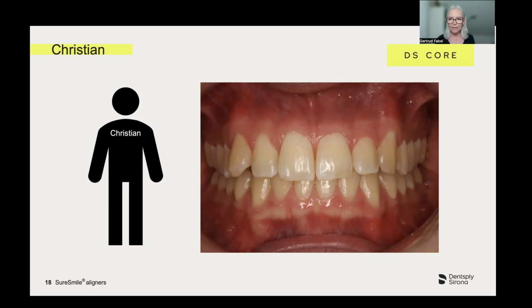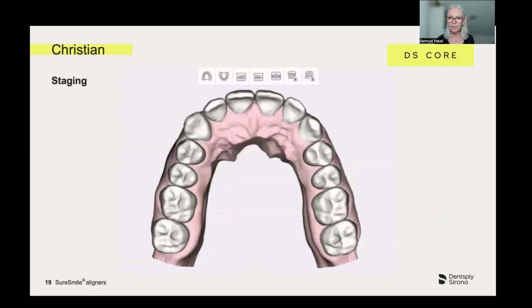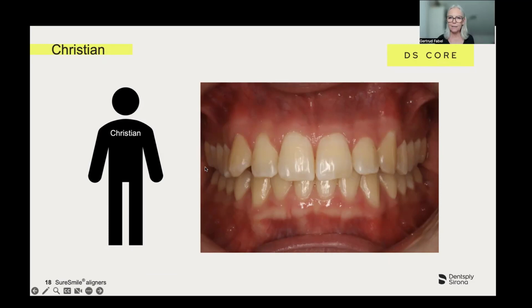And he made an appointment because, listen, doctor, he said, actually, I notice that this canine is moving towards the lip. And I notice also that my lower lip is going underneath. And I don't like that feeling. Actually, I really want to have the tooth back in row.